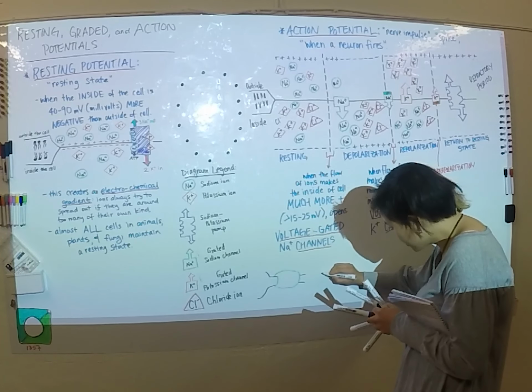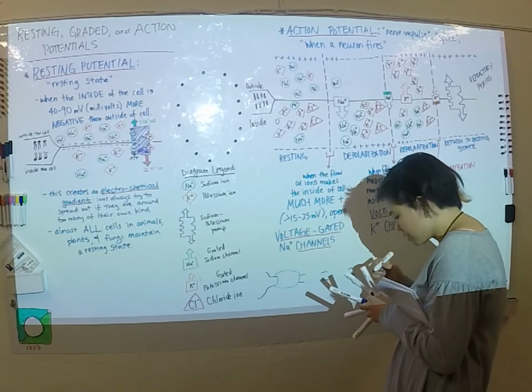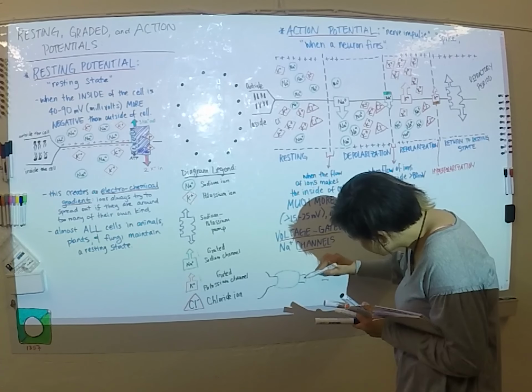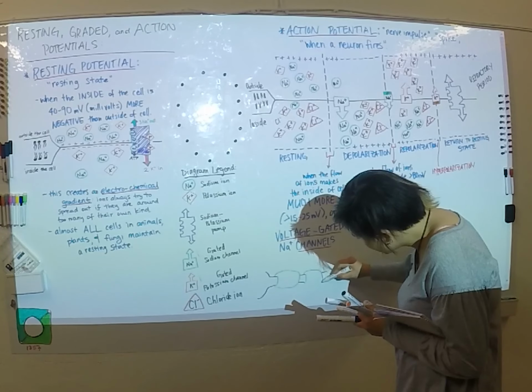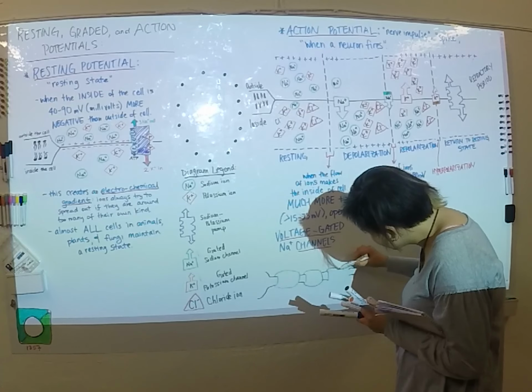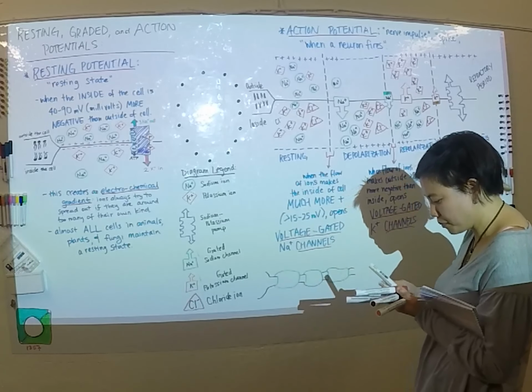Okay, and maybe I just do this. I'm not going to draw a ton of them just because this is simply to demonstrate what this looks like going down an axon. Okay?